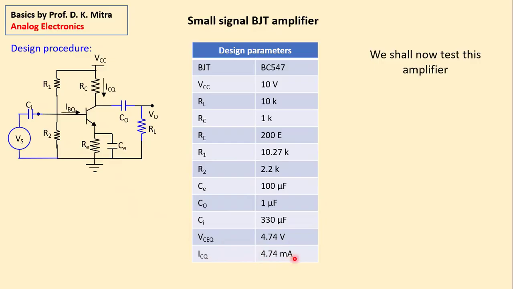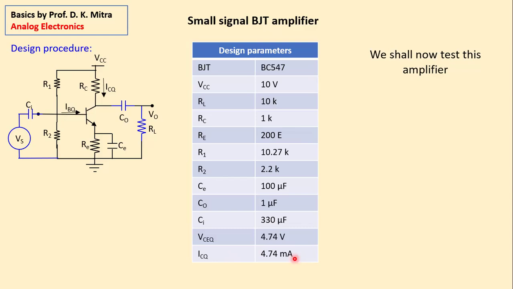In our next lesson, we shall use these values and actually test this amplifier in simulation. Now here I give you a caution. When you test this in simulation, sometimes you may become frustrated. Not because of any fault of yours.